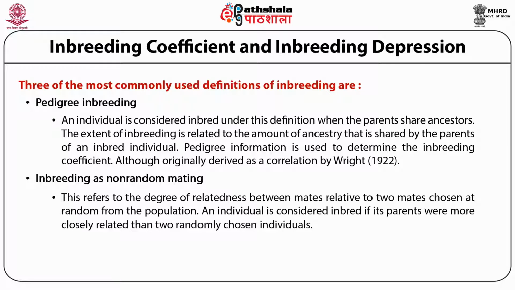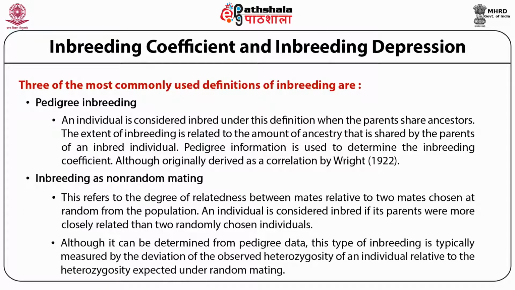This type of inbreeding is relative to a random mating population of the same size, although it can be determined from pedigree data. It is typically measured by the deviation of the observed heterozygosity of an individual relative to the heterozygosity expected under random mating.